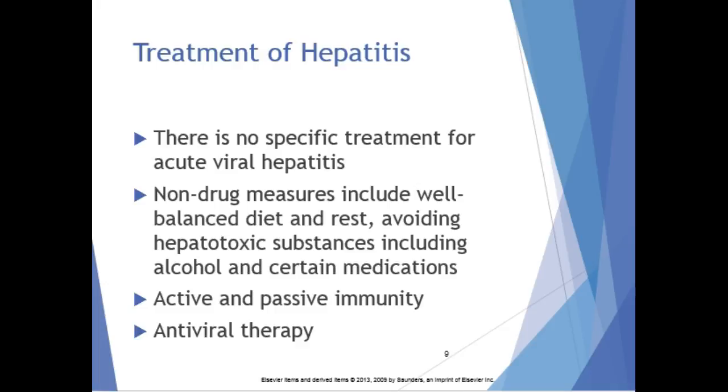Nausea can be treated with Zofran. Immunoglobulins can be given for passive immunity. Antiviral therapy can be administered. They've had some good success in treating some hepatitis C patients with antiviral therapy.